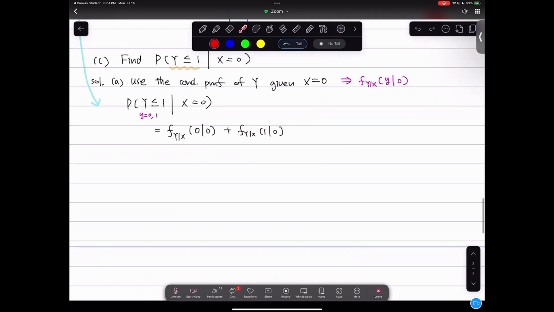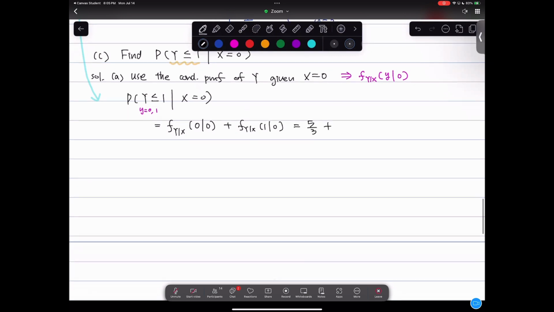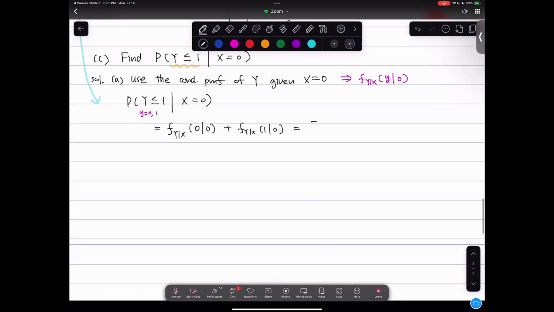So 3 over 5, sorry about this. 5 over 10 and 3 over 10. So 8 over 10. So that's how we do it. A little tricky. You have to be very careful when you do this.